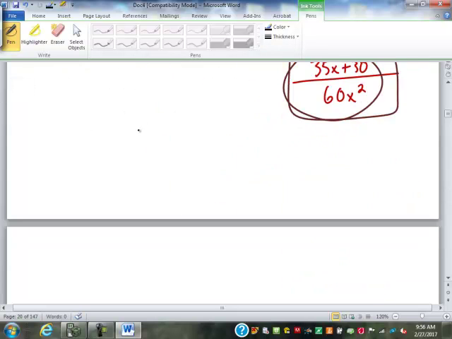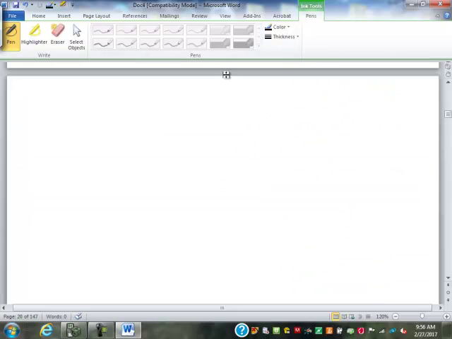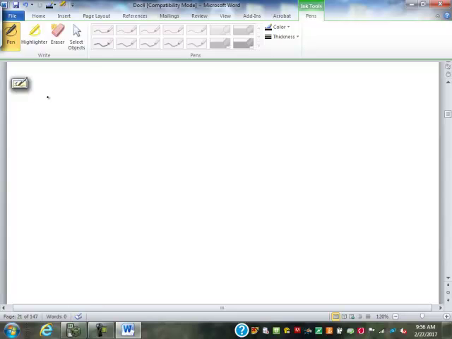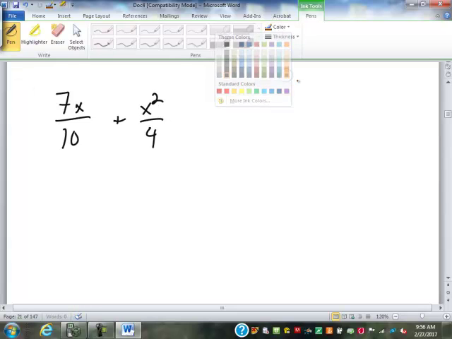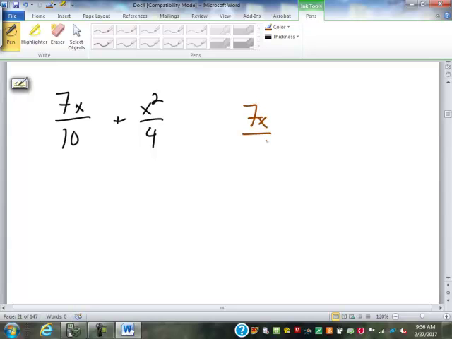Okay, let's look at subtraction then again. Let's say we have 7x over 10 plus x squared over 4. It's not plus, minus x squared over 4.